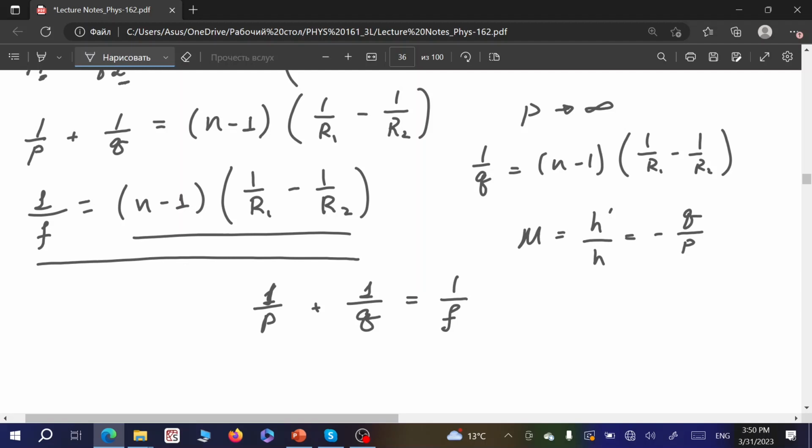So the one classical example of optical instruments, which can be based on purely lenses or purely mirrors, are telescopes. So there are so-called refractors and reflectors. Refractors were originally proposed, if I'm not mistaken, by Galileo.